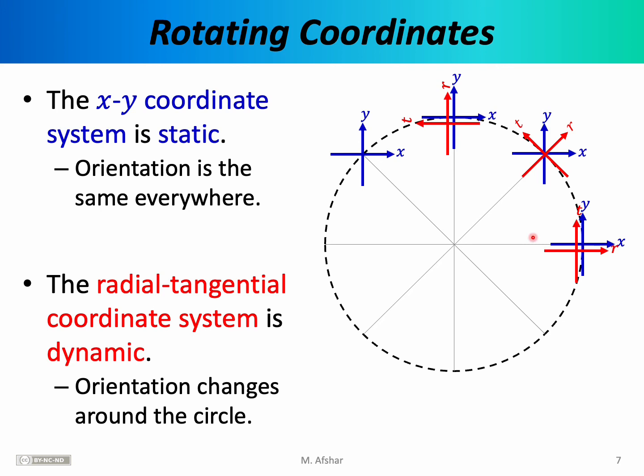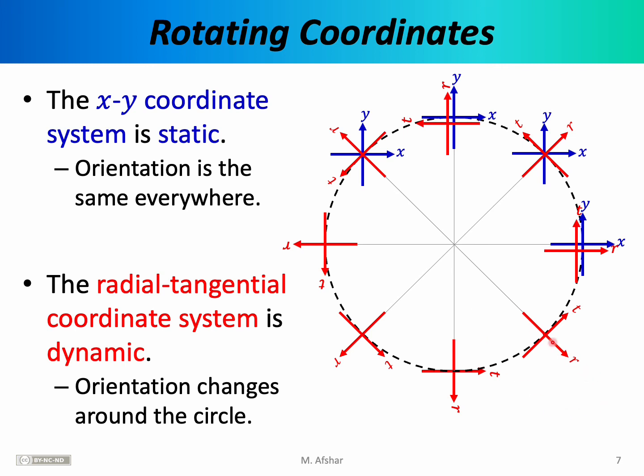So the RT coordinate system is again rotating with the object. A second later, this is what it looks like. In fact, we can draw a radial-tangential coordinate system everywhere around the circle, and as you can see, the RT coordinate system is essentially tracking the motion of the object.